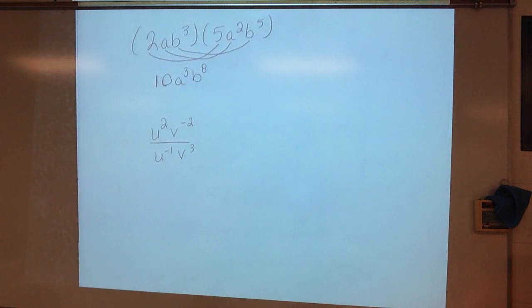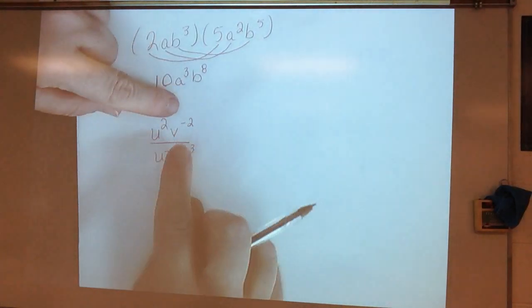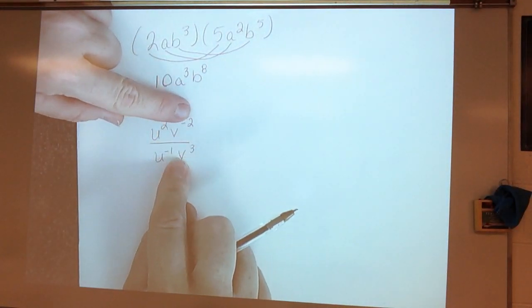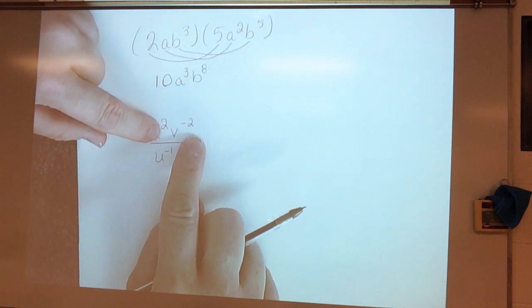So I can do this a couple of different ways. If I want to get rid of my negative exponents, remember I can just drag them to either the top or the bottom, depending on where they're at. So here, I have v to the negative second.